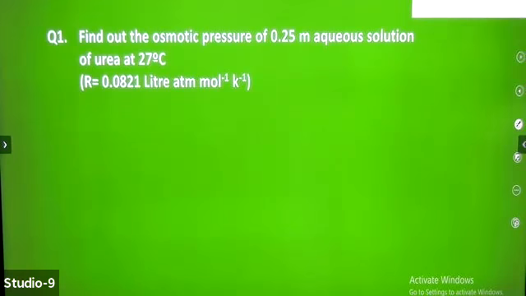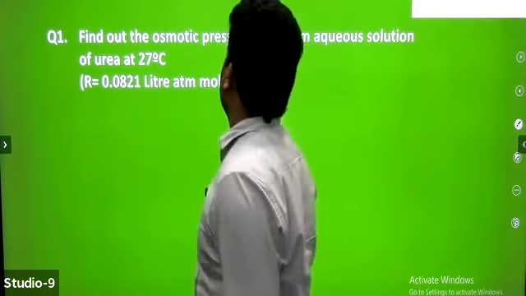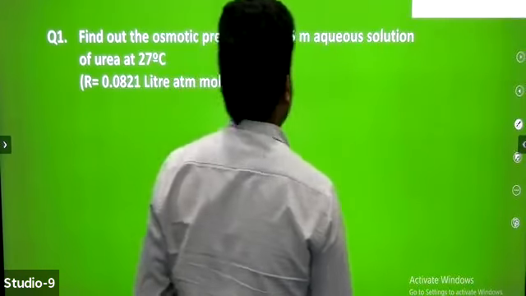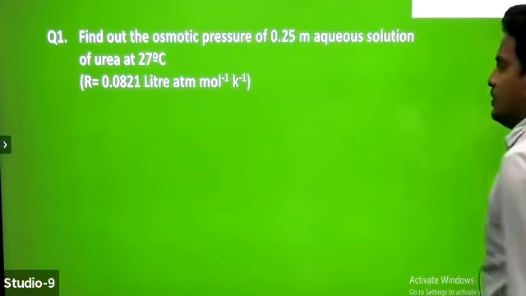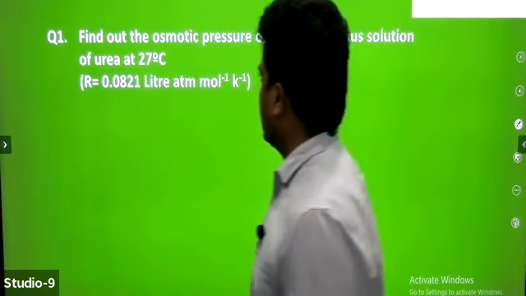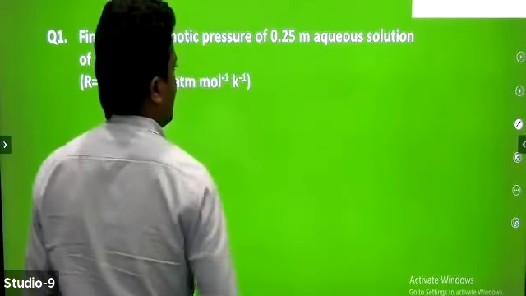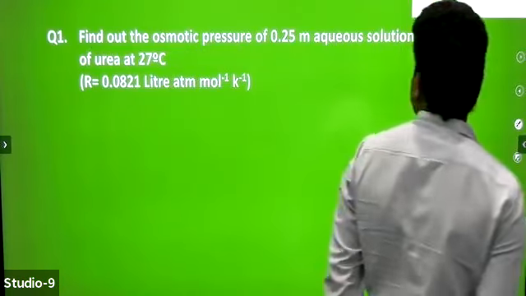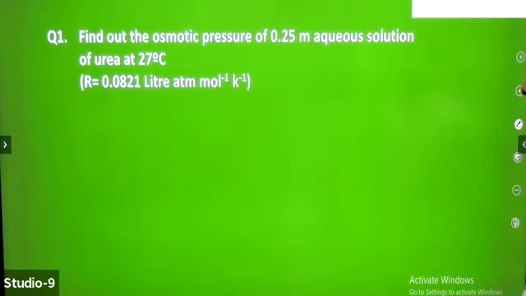Do this one. This is a previous year question. Find out the osmotic pressure of 0.25 molar aqueous solution of urea at 27 degrees centigrade.